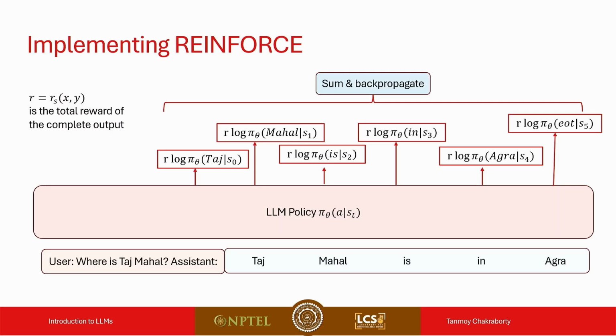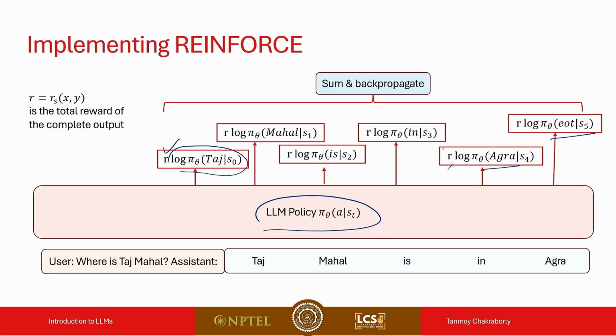And now this is the implementation of this REINFORCE algorithm. This is the prompt, "Where is Taj Mahal?" Assistant: "Taj Mahal is in Agra." The policy model generates this, and you get this reward value R for every token. Now for every token, you calculate this log probability.